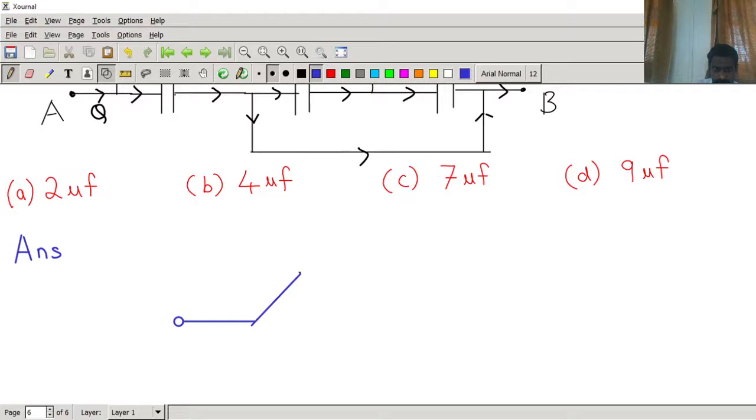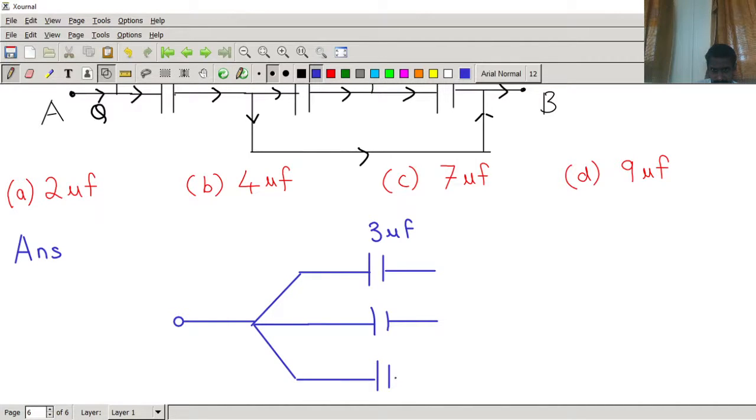All these three capacitors are of the same value, that is 3 microfarad, 3 microfarad and 3 microfarad. These are the three capacitors which are connected in parallel.